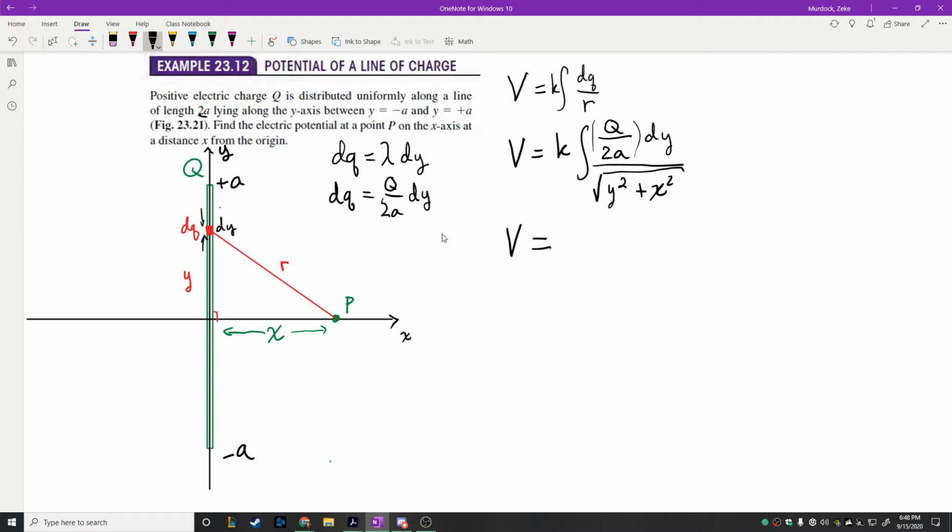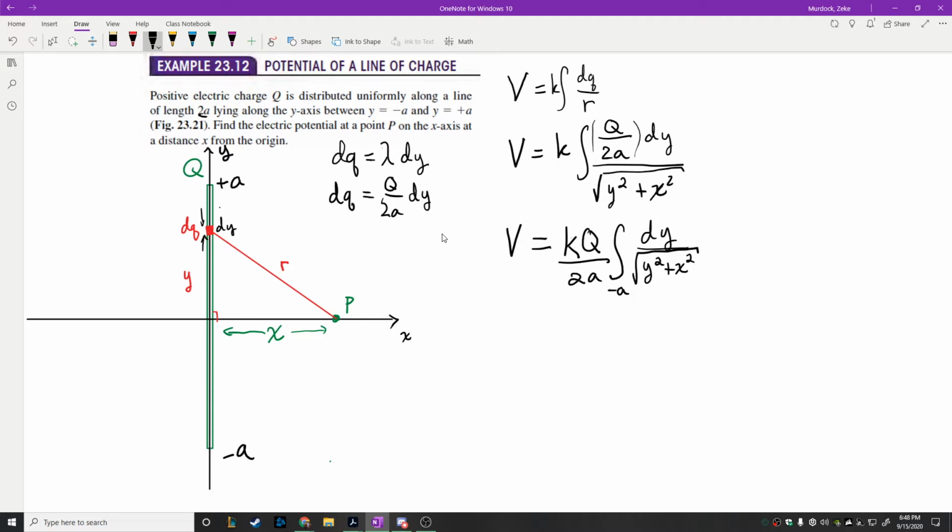So the electric potential V is going to be equal to k times Q divided by 2a, and then the integral from, what would the limits here be, by the way? Negative a to a.